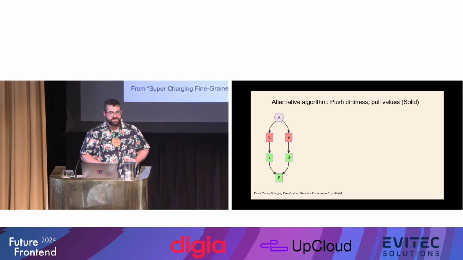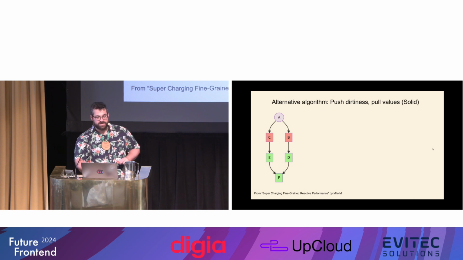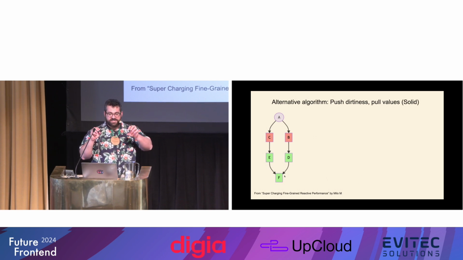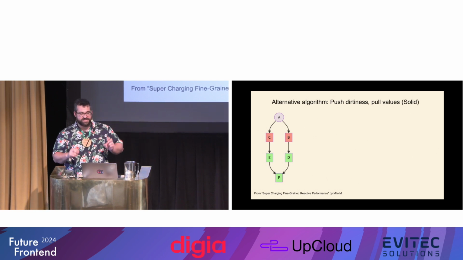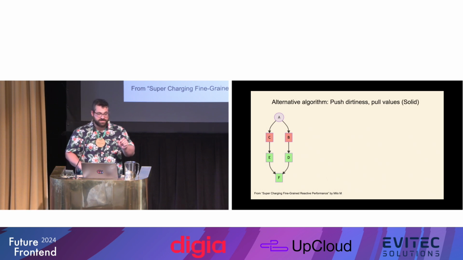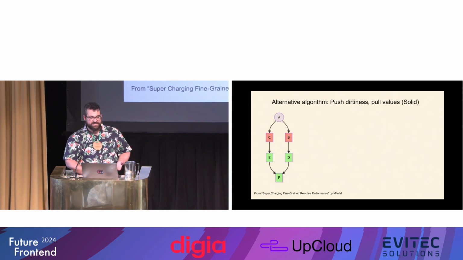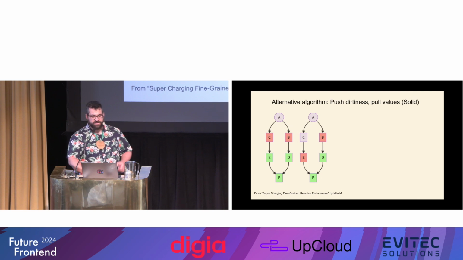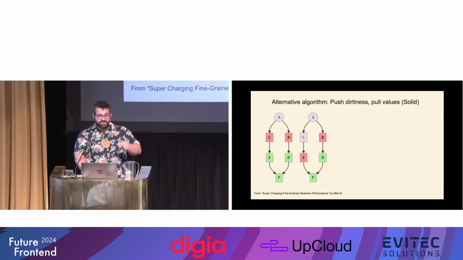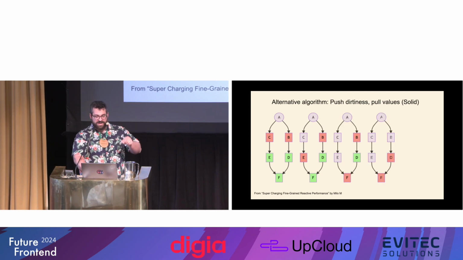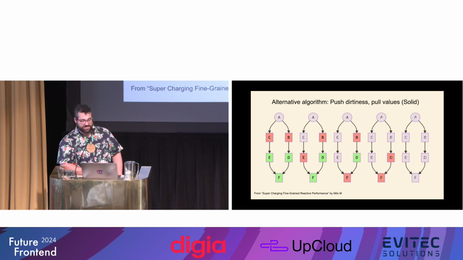Another algorithm is to push dirtiness through these forward edges. So if you change A, and then these various other things depend on it, then that could mark C and B dirty, and the subsequent things might be dirty, depending on whether C or B evaluates to new values. And then when reading F, it will gradually iterate through the graph, reevaluating things until everything is understood.